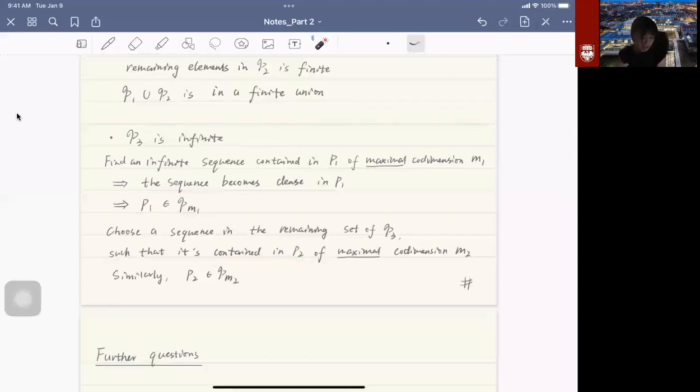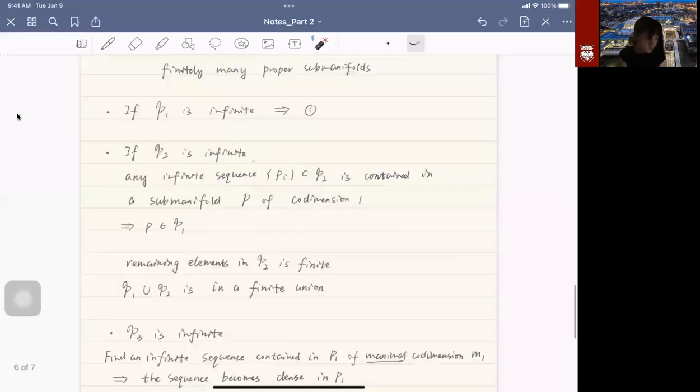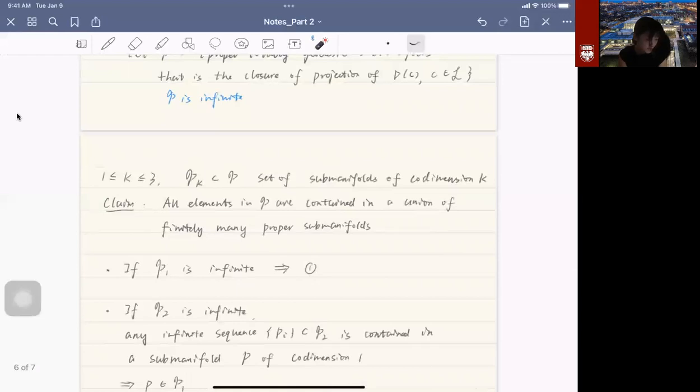Repeating this for finitely many steps, eventually the remaining elements in P3 must be finite. So we take the union of P1, P2, P3 that must be contained in finitely many proper submanifolds. So we're done. We prove the claim, and that contradicts the equidistribution.